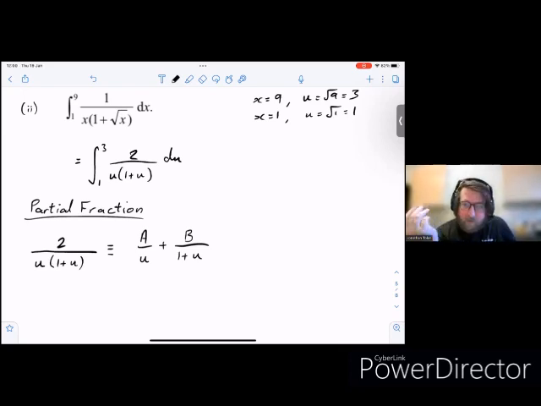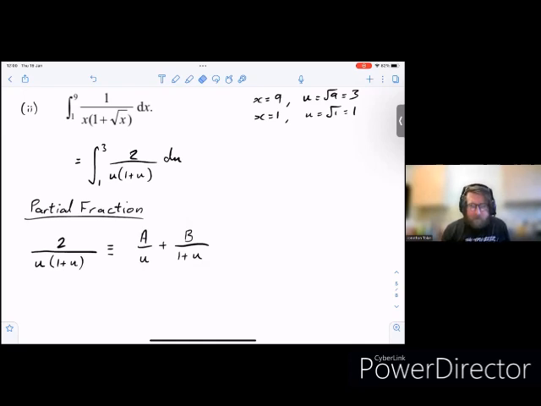Now, think about fractions, right? And think about starting with this right-hand side. If I had to add 2 fractions, what would I do? Well, I'd need to get a common denominator, wouldn't I? What would that common denominator be? It would be u times 1 plus u. So it does make sense that those 2 sides are equivalent.